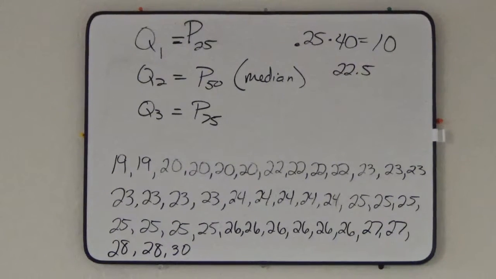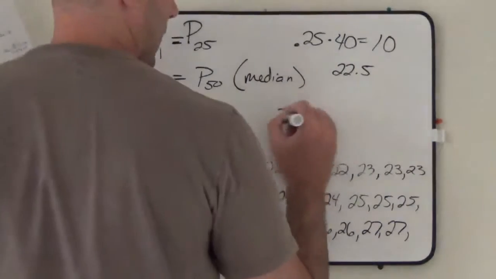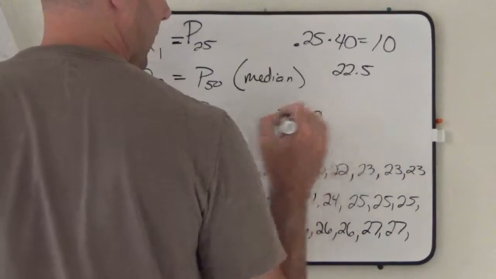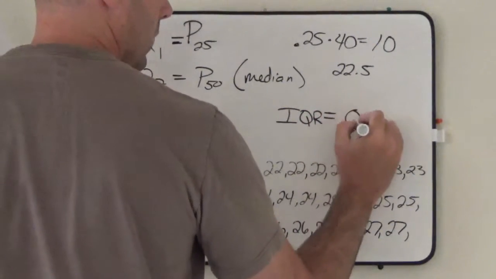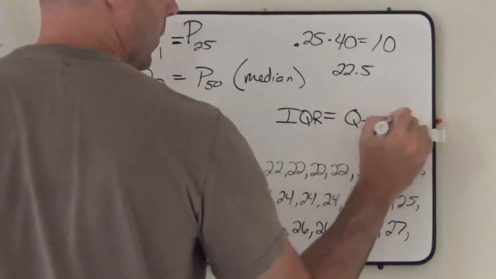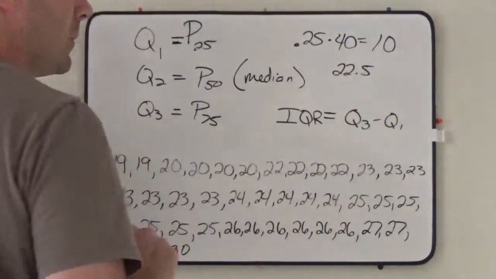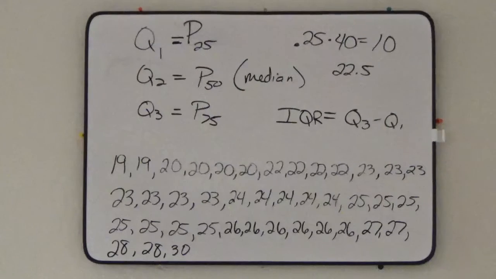Let me talk to you about interquartile range. Interquartile range is the range between quartile 1 and quartile 3. So interquartile, IQR for short, is going to equal quartile 3 minus quartile 1's values. Quartile 1 being 22.5, quartile 3 we're going to have to solve here in just a minute.